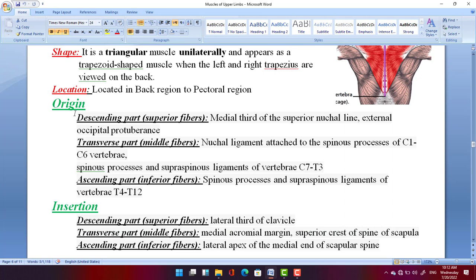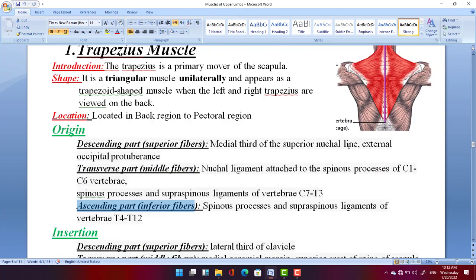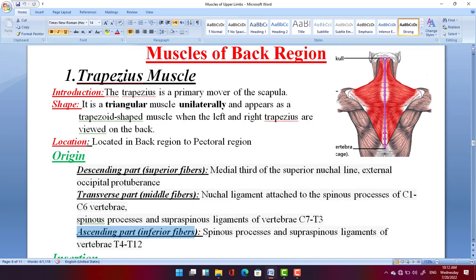What is the origin of this muscle? This muscle takes its origin from 3 different parts, as it has 3 different types of fibers. You can see the descending parts or the superior fibers.